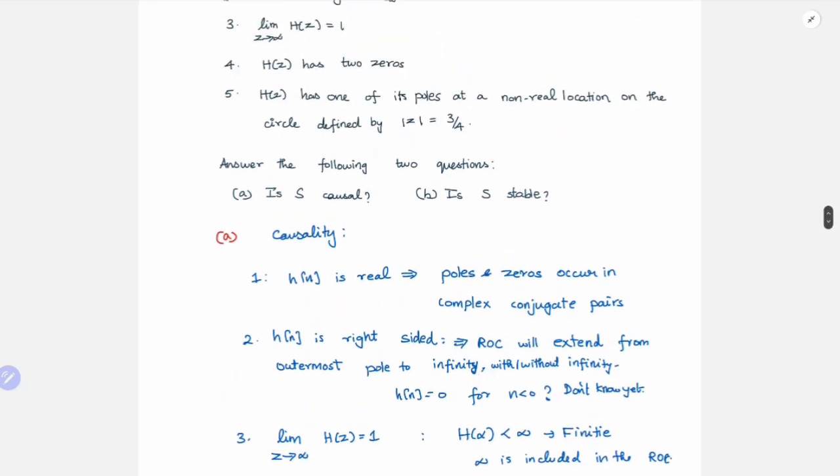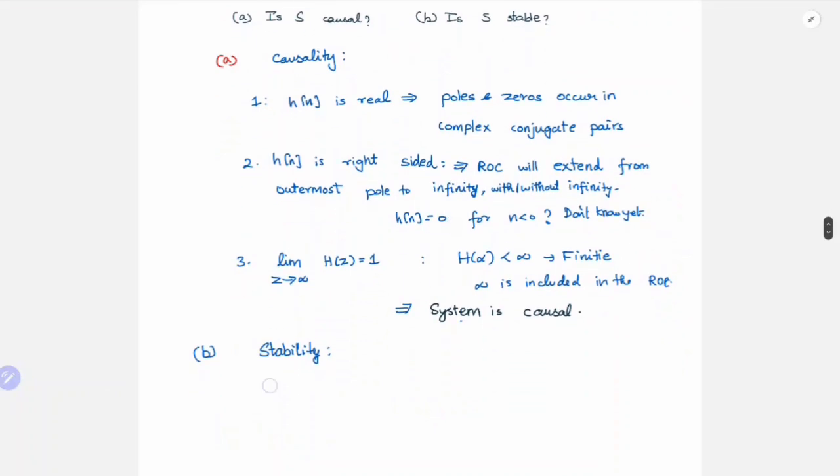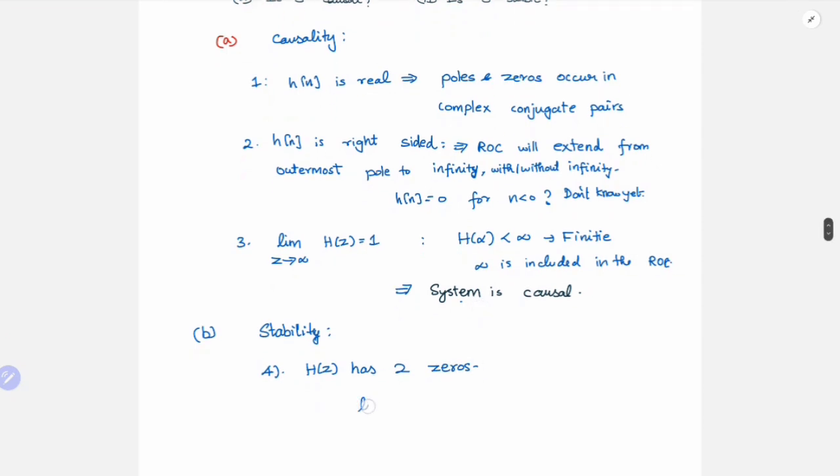So what is the fourth one? H of z has two zeros. So this, along with limit z tends to infinity, h of z equal to 1, what does it imply? Your numerator order is 2, right? This implies this.